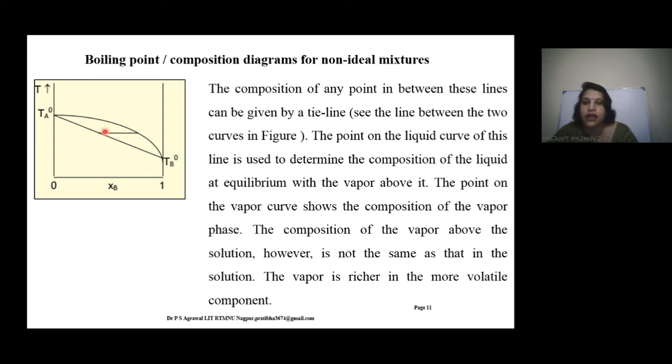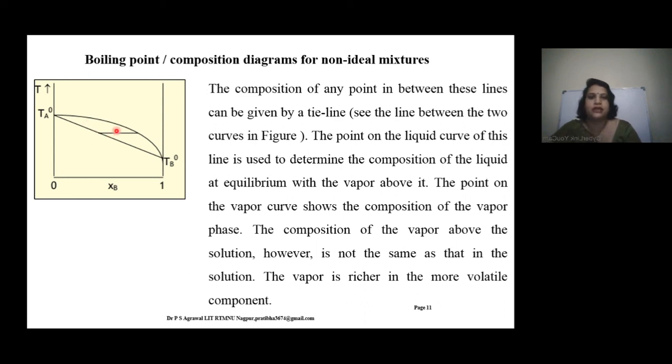In this, liquid and gas both exist in equilibrium, and we can keep track of those two phases. Above the upper curve, the sample has fully evaporated and the system is entirely gas. Below the curve, the system is entirely liquid, and here two phases exist.